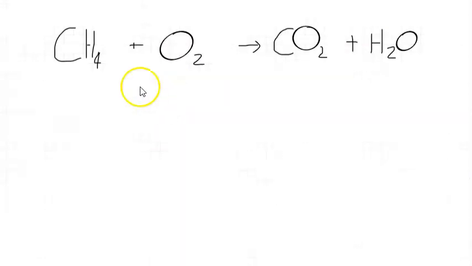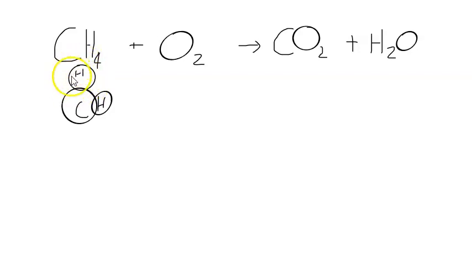So here we've got methane plus oxygen goes into carbon dioxide and water. So that is the combustion of gas, of flammable gas. In this case, I'm going to draw it out the same way that I did last time. So we've got a carbon here and 4 hydrogens surrounding that carbon. 1, 2, 3, 4.